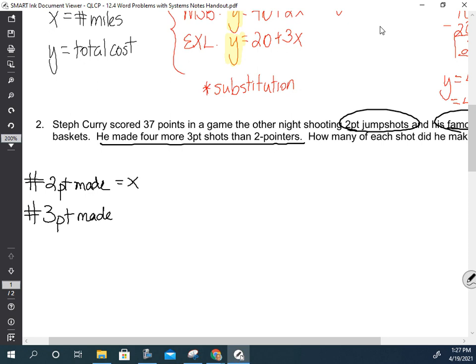All right, so there's X, there's Y. Why did I make 2-pointers X? Because I felt like it. I could have switched them around if I wanted to. So there it is. Now we got to set up an equation.